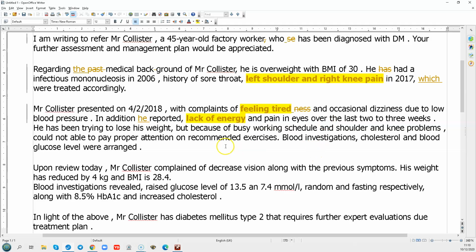Now, I'm not sure, again, I'm not looking at the notes, but I'm not sure if the pain in the eyes is over the last 2 to 3 weeks or all the symptoms are over the last 2 to 3 weeks. It's not clear in this.